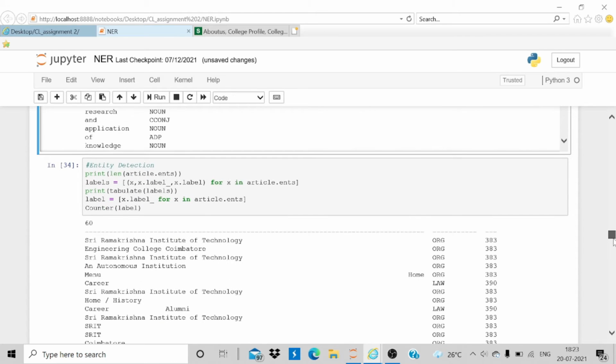Okay. So the next thing in our pipeline is entity detection. In text processing, we are trying to identify the named entities present in a given passage. Okay. So the number of entities present in the article is 60.